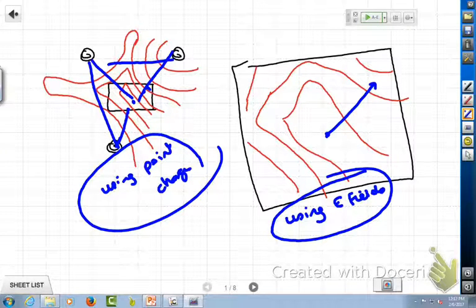So what is an electric field? An electric field is a measure of the magnitude of electrostatic effect. Its units are newtons per coulomb. It's like little g. It's exactly like little g.